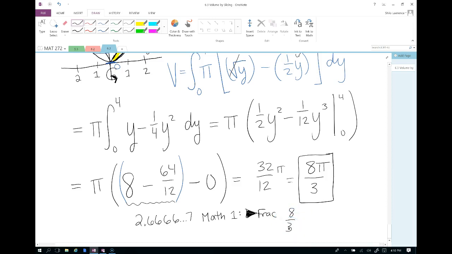So you don't have to be real quick with all of these calculations and fractions and being able to do all this stuff by hand. Certainly you're allowed to use your calculator on all of this as well. But don't forget about your pi. We don't ever include the pi while we're doing the integration. We just always throw it onto our answer at the end, and that will keep our answer exact.